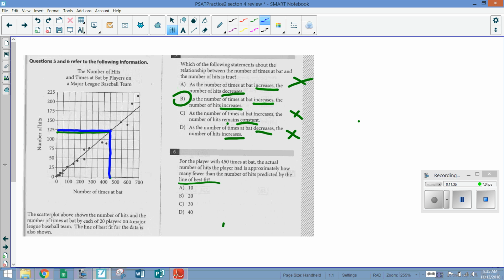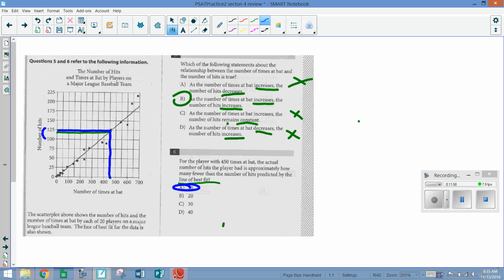We can say 10, because the difference between 125 and 100 is just 25, and it's pretty close to 25. It's definitely less than 25 and definitely less than half of 25, because the line is pretty close to 25. Does that make sense? So what is the answer?